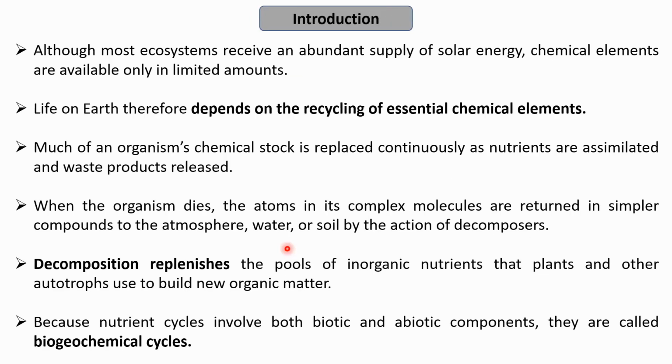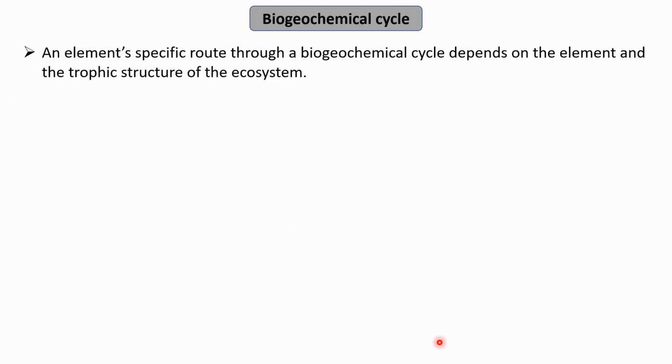So what is a biogeochemical cycle? As I mentioned, the nutrient cycles involving both biotic and abiotic components are known as biogeochemical cycles. An element-specific route through a biogeochemical cycle depends on the element and the trophic structure of the ecosystem.